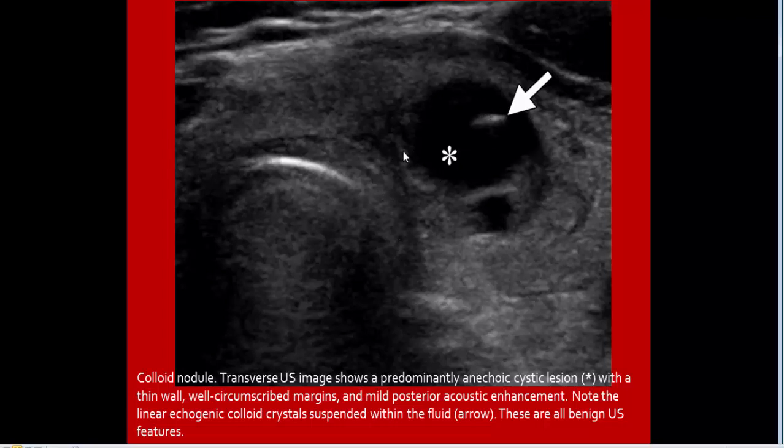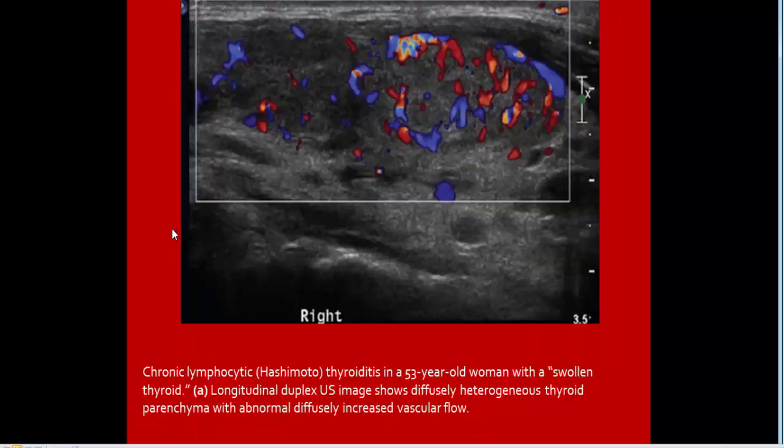This is a colloid nodule. Ultrasound shows a predominantly anechoic cystic lesion with thin wall, well circumscribed margins, and mild posterior acoustic enhancement, note the linear echogenic colloid crystal suspended within the fluid. These are all signs of benign ultrasound features. This is chronic lymphocytic Hashimoto's thyroiditis with swollen thyroid.